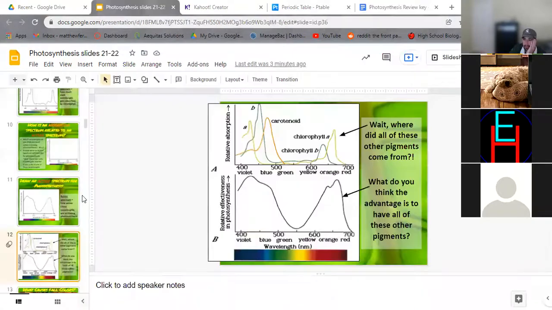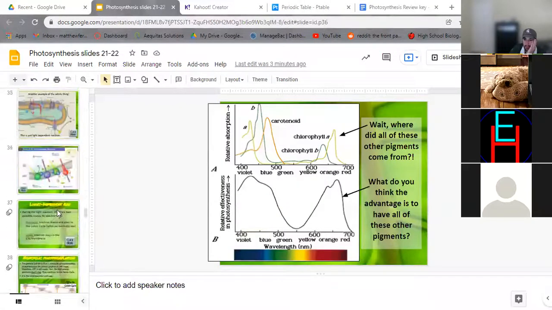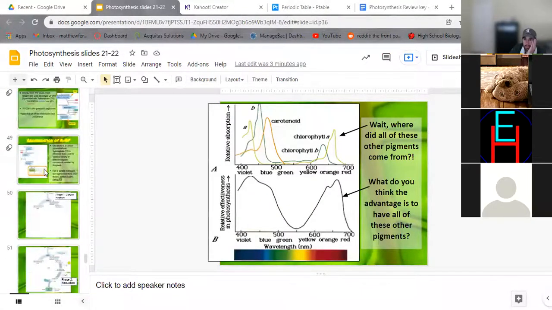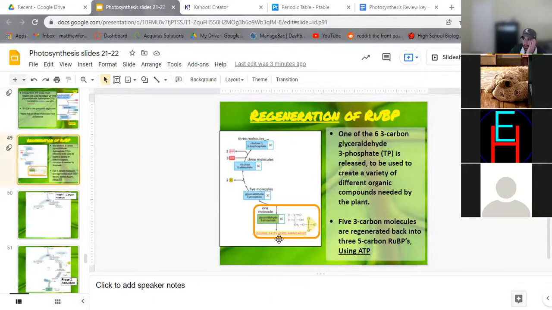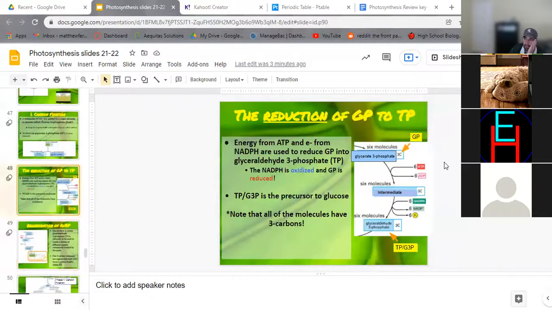In fact, if you go back and look at one of the diagrams here, I forget which one because there are like 7, one of the diagrams shows that we're even popping some phosphates off already, and then we're adding some back on. Don't worry about how; just know that ATP is used in regeneration to go from 5 three-carbon molecules into 3 five-carbon molecules. And conversely, the energy from ATP is also used in reduction to change GP into TP.